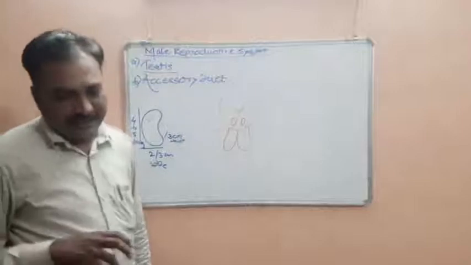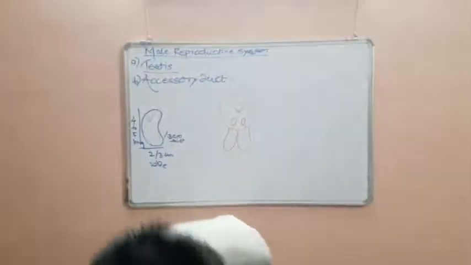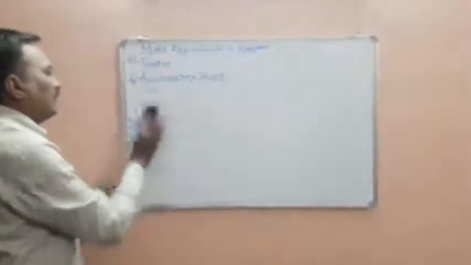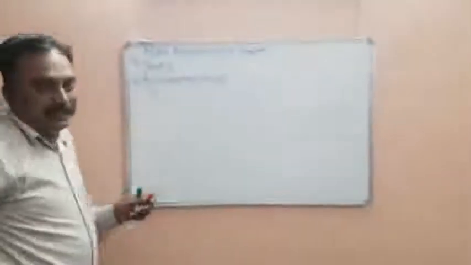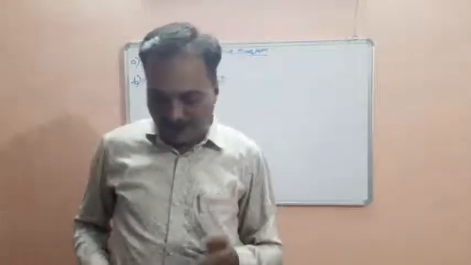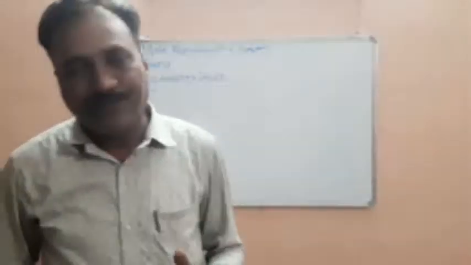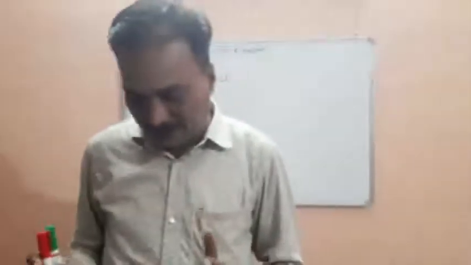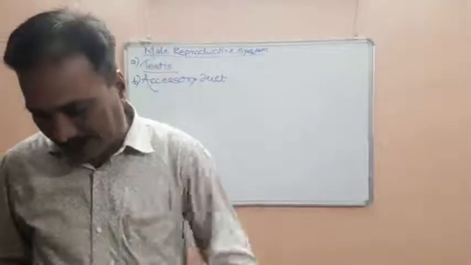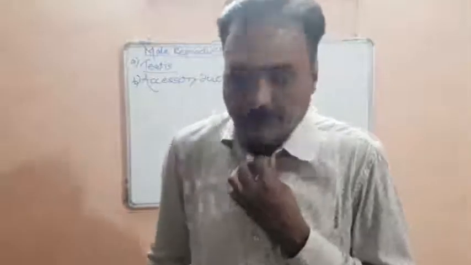Then, internally, the testis in transverse section. Last time we discussed that, but I have to repeat here. Internally, the testis is covered by an outer collagenous connective tissue called the tunica albuginea, which is externally covered by the tunica vaginalis and internally by the tunica musculosa.